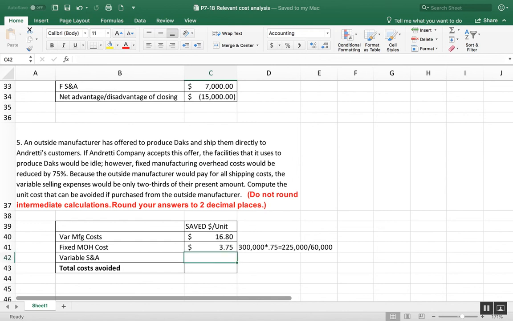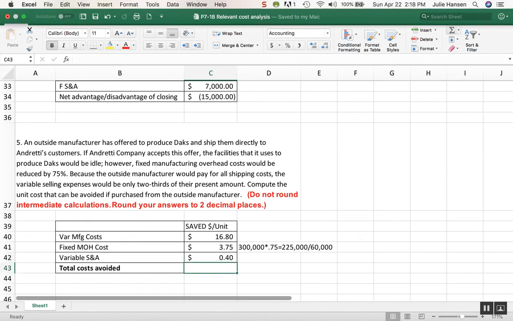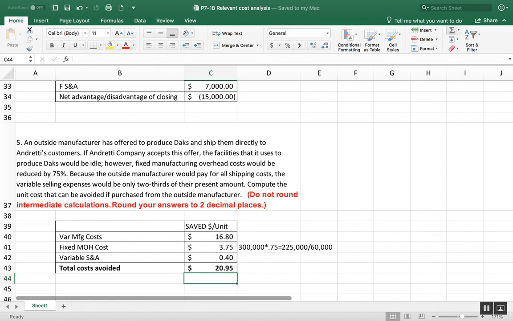So I'm going to take that variable selling and administrative and multiply that times 1 divided by 3, and I'll come up with 40 cents. So the total cost that I'll avoid will simply be all of these costs right here. Okay, an outside manufacturer is going to build it for us. So that's how that works. And I hope that that was helpful.